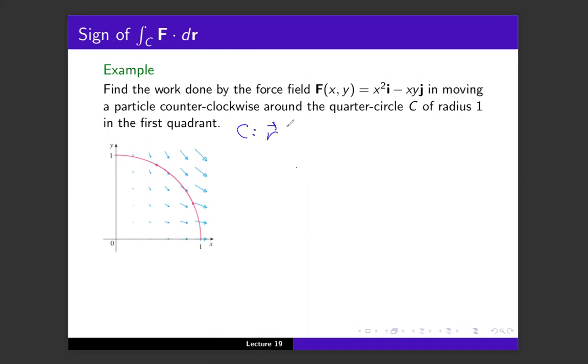C in this case is going to be given by r of t. Its radius is 1, so it's cosine t i plus sine t j for t going from 0 to pi over 2.